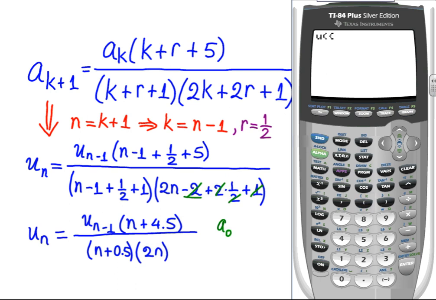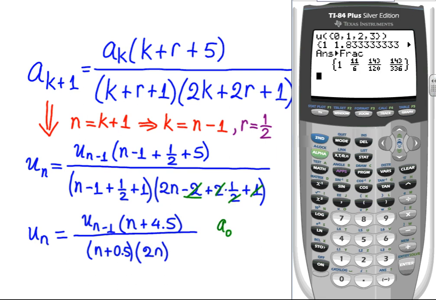We want the first 4 terms: 0, 1, 2, and 3. If we want more, just put a few more. So second, close curly bracket. We evaluate the sequence for the first 4 terms, U0, U1, U2, and U3. All we need to do is change this to a fraction: Math, convert to fraction. And that's what we have.